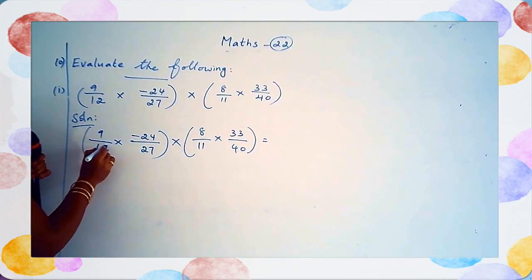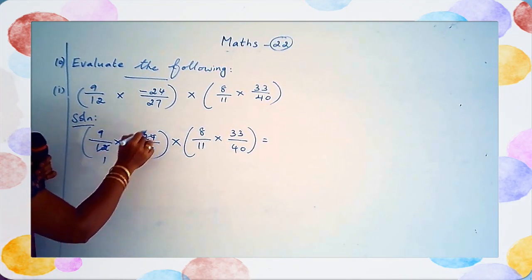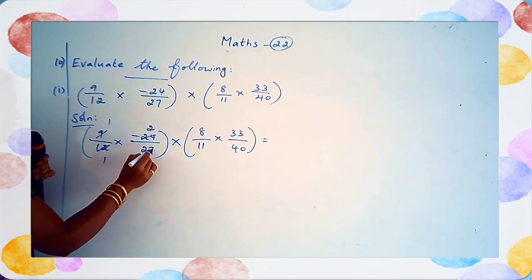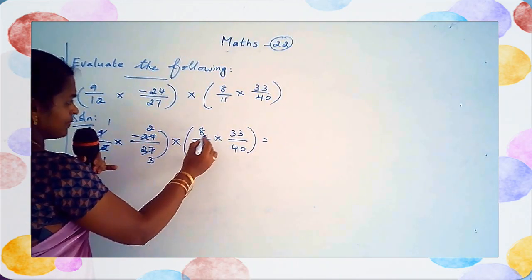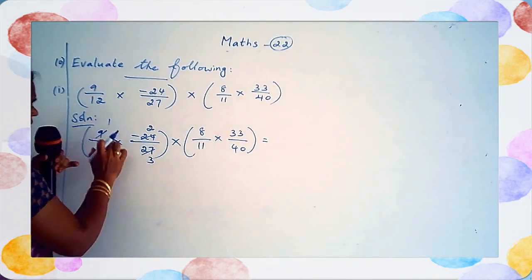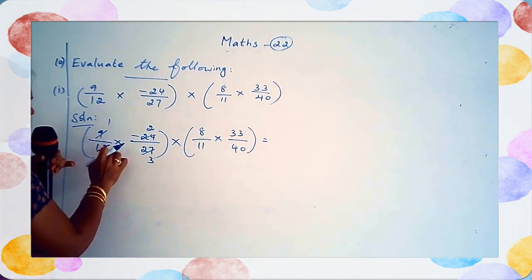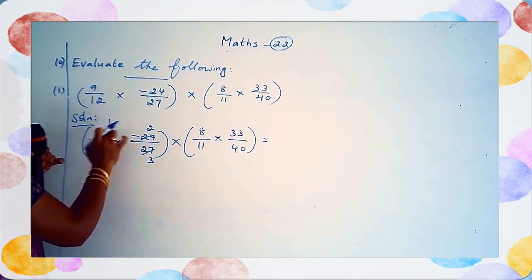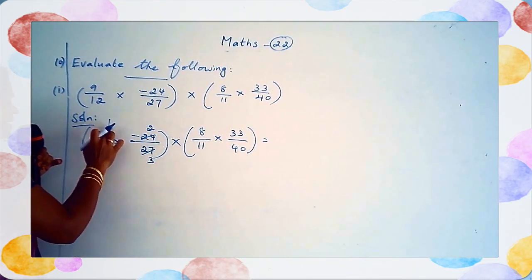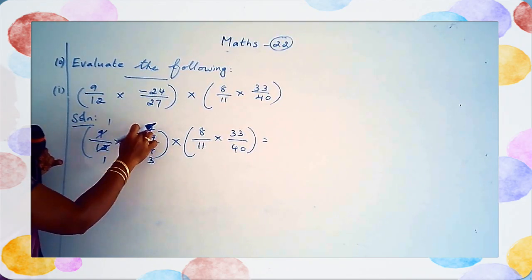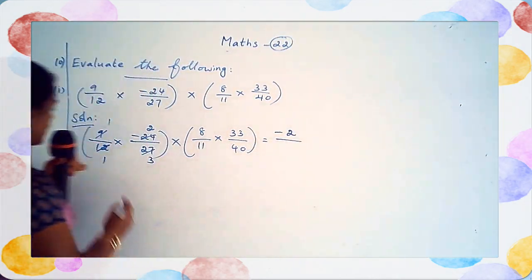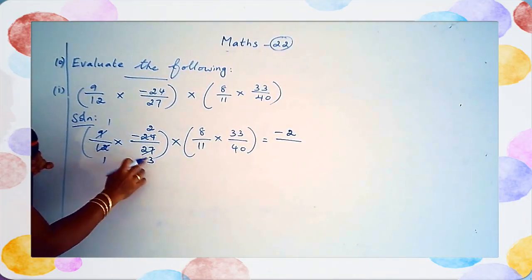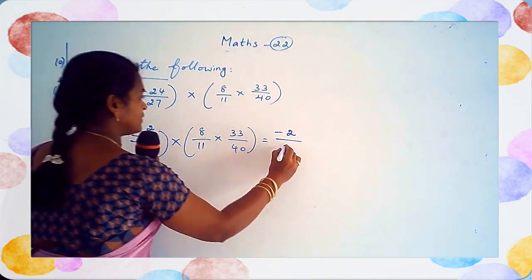Here 1 12 is 12, 2 12s are 24. Now 1 9 is 9, 3 9s are 27. This is multiplication, so you multiply numerator by numerator. So here 1 into minus 2 is minus 2, upon, the denominators 1 and 3, so 1 3 is 3.